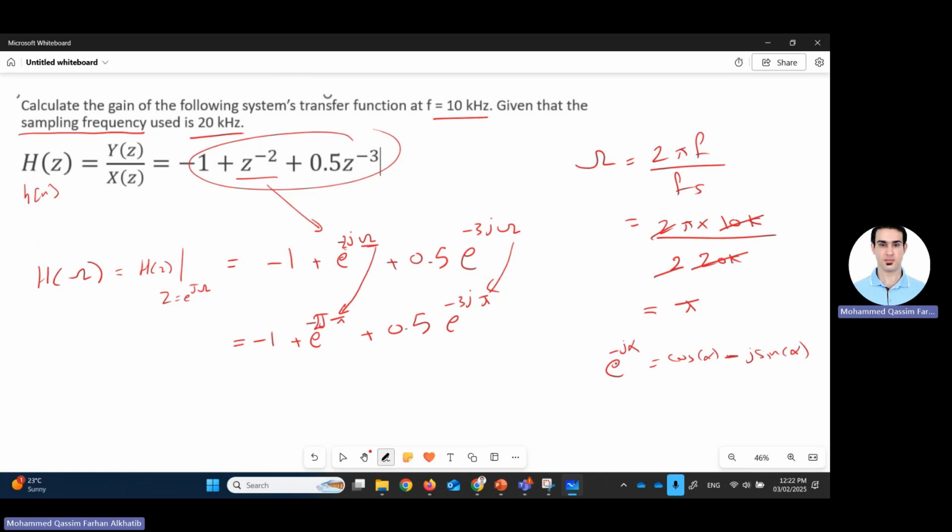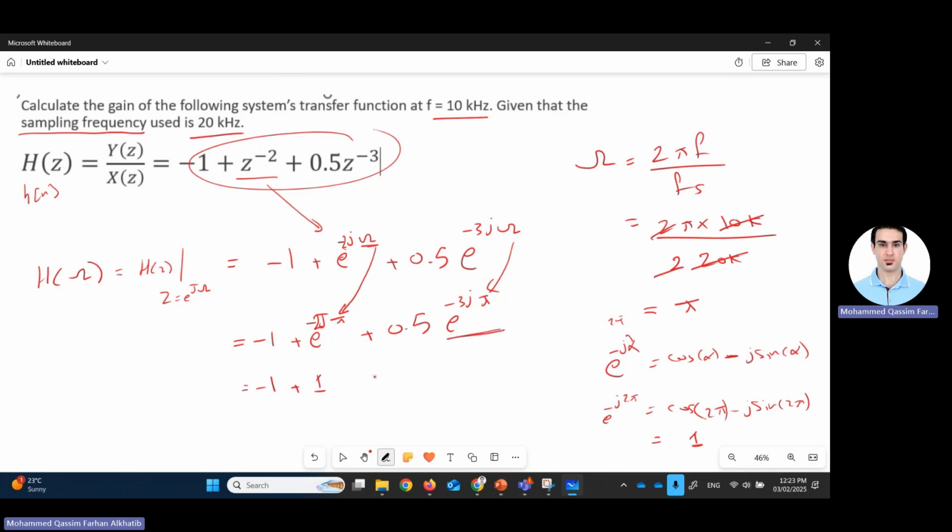When alpha equals 2 pi, e to the power negative j 2 pi equals cosine 2 pi minus j sine 2 pi. Simply in the calculator, you can find that this expression leads to the value of 1. Just substitute the value in the calculator. Don't forget to change the angle from degrees into radians because you're using pi. So this one equals negative 1 plus 1.